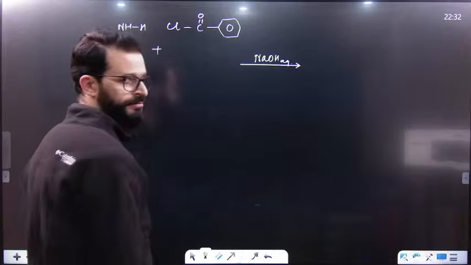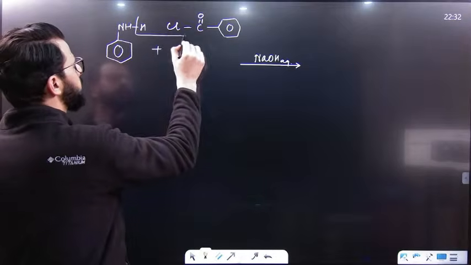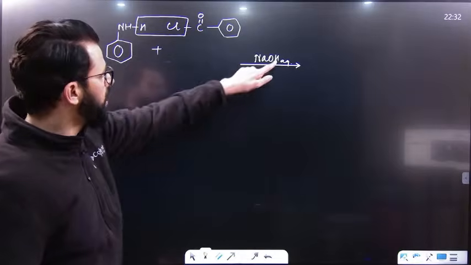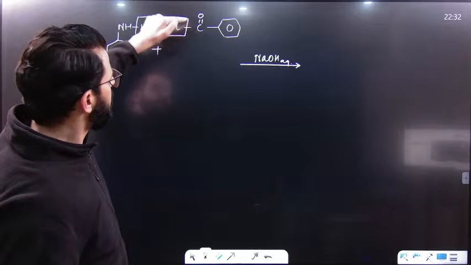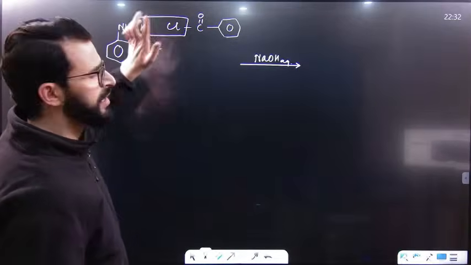Now what will happen? This H and Cl will be lost. Basically this OH will abstract H, it becomes negatively charged, it will attack this and Cl will be lost, then Na and Cl will be formed.